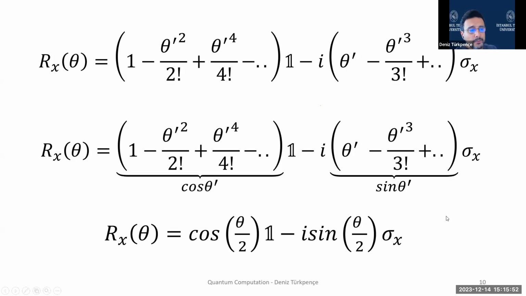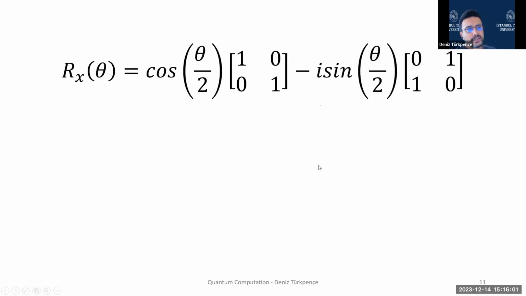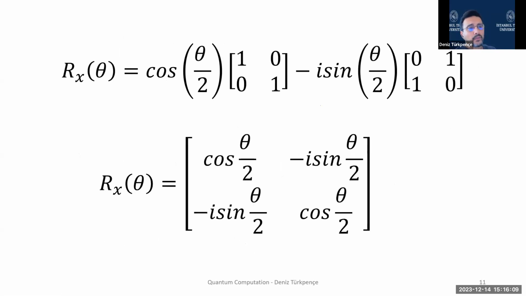And if I want to express this final result in terms of matrix representations, I can clearly write it this way. If I drop these coefficients inside the matrices, I will obtain this rotation operator in terms of matrices.